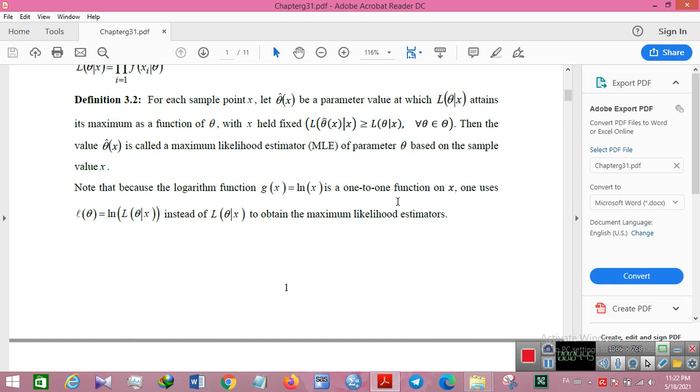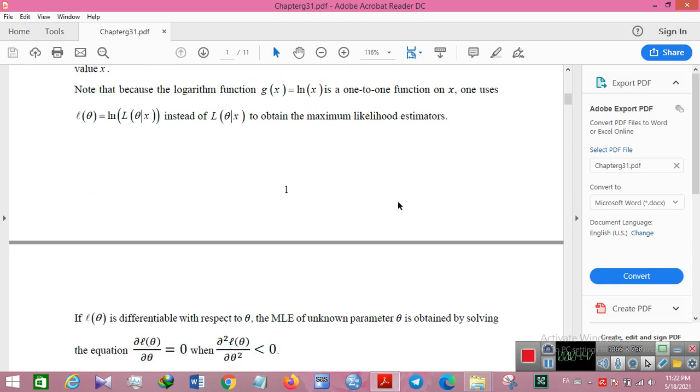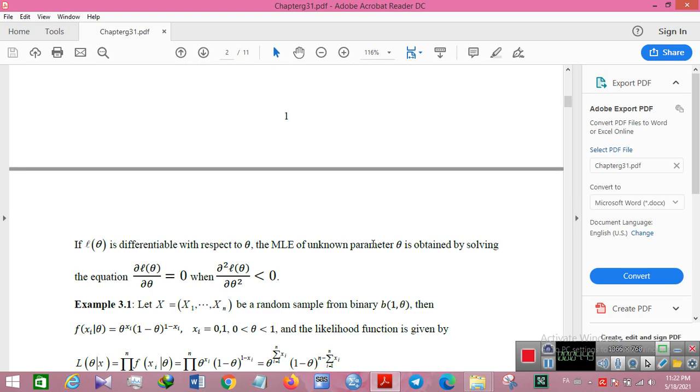Then if L(theta) is differentiable, we can maximize by taking the derivative and solving this equation, and then look at the second derivative of L(theta) with respect to theta squared.